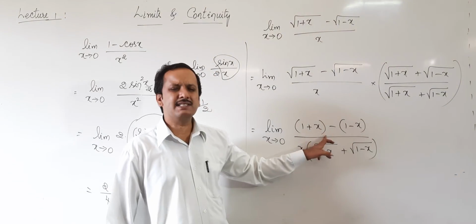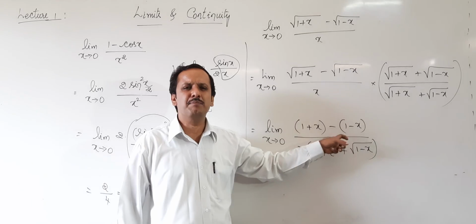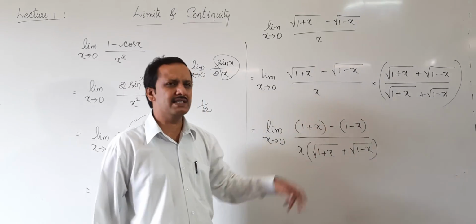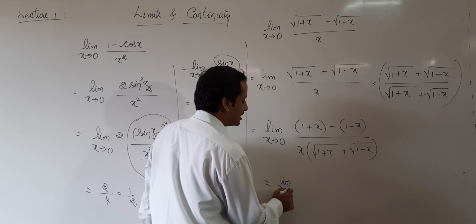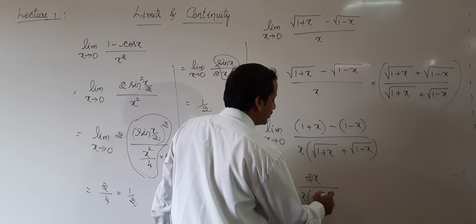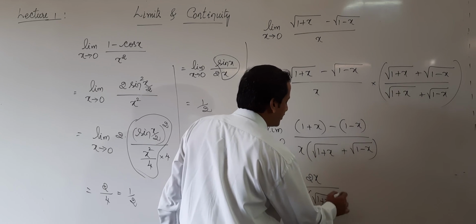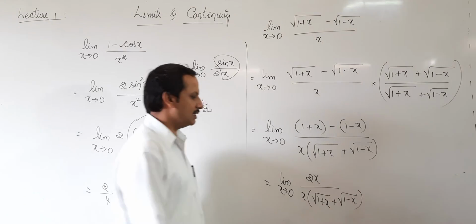Here 1 plus x minus of 1 minus x will give us 1 plus x minus 1 plus x. 1 gets cancelled. x plus x is 2x. So we get limit x tends to 0, 2x divided by x into root of 1 plus x plus root of 1 minus x. x gets cancelled.